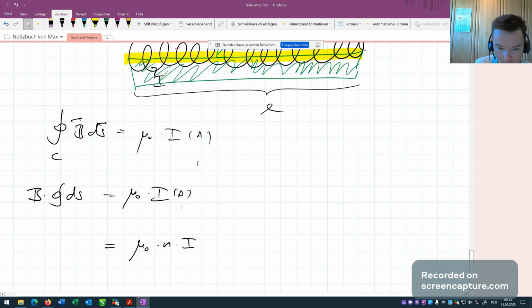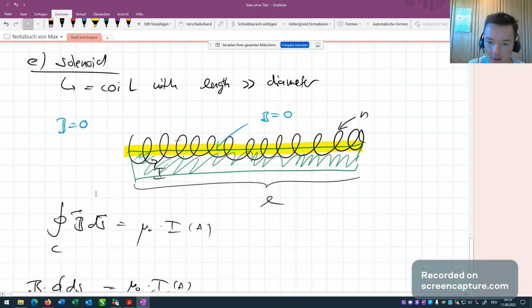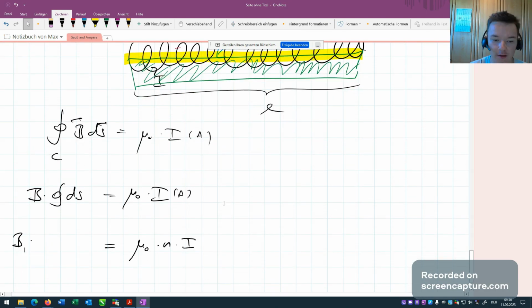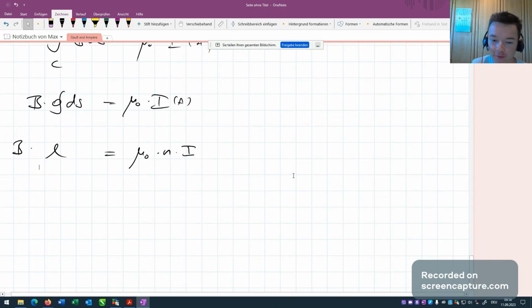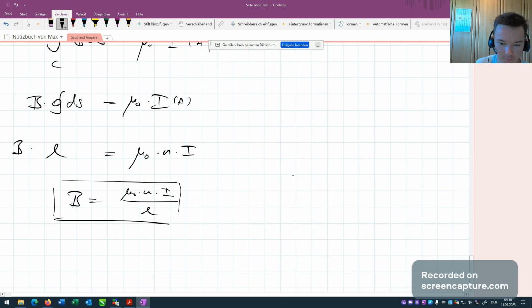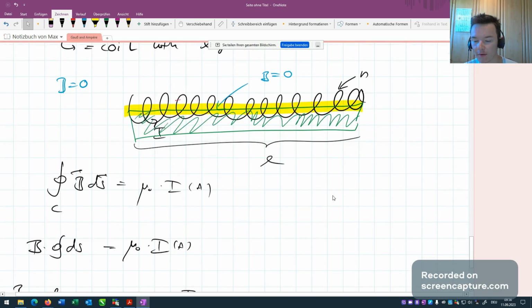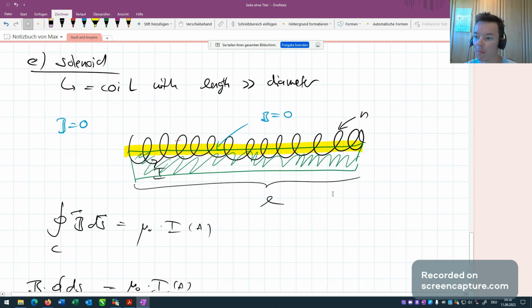And then how long is this dS thing? Well, it's just the length of the coil, so we get L. So the magnetic field of the coil on the inside is mu0 times N times I divided by L, for a diameter much smaller than the length of the coil, otherwise it won't be too homogeneous and we need some more laws. But in that case, it's quite homogeneous.